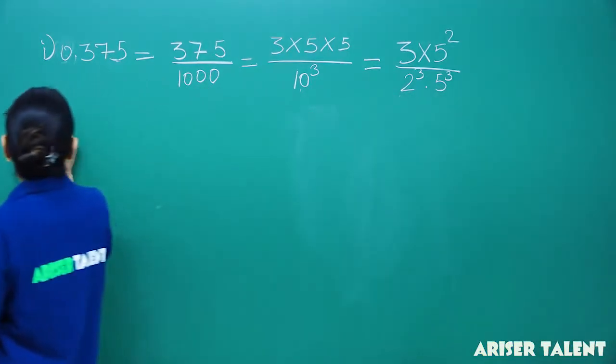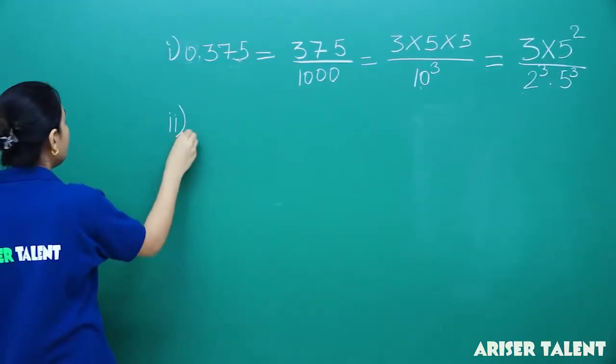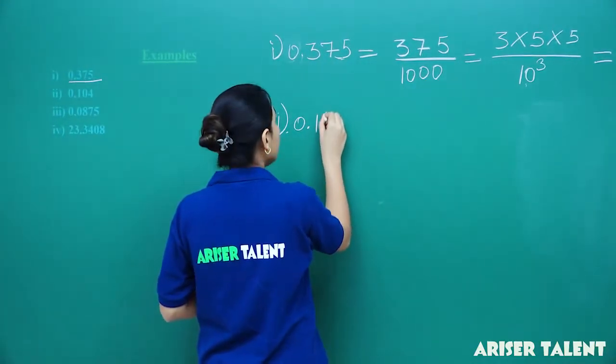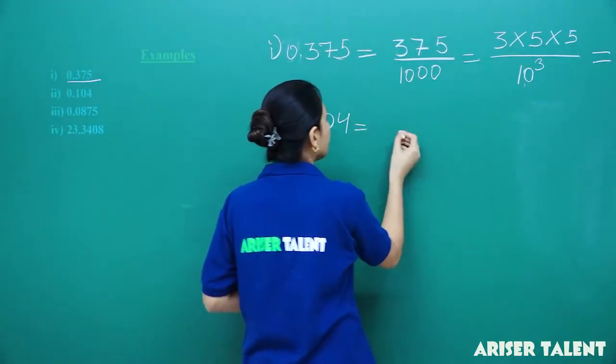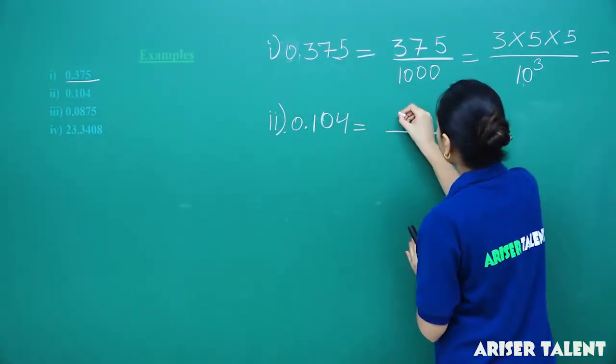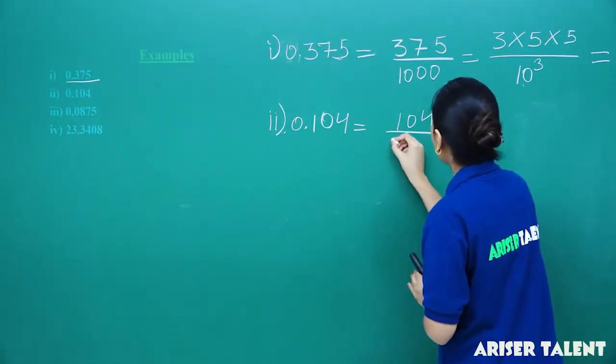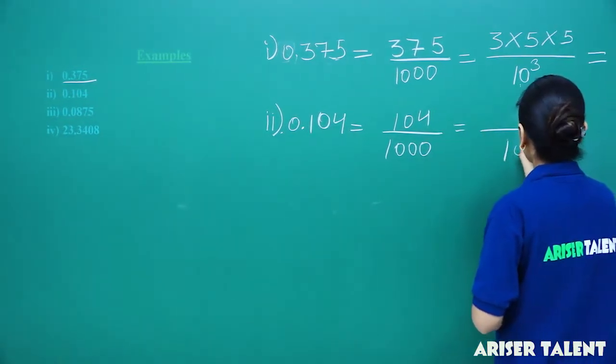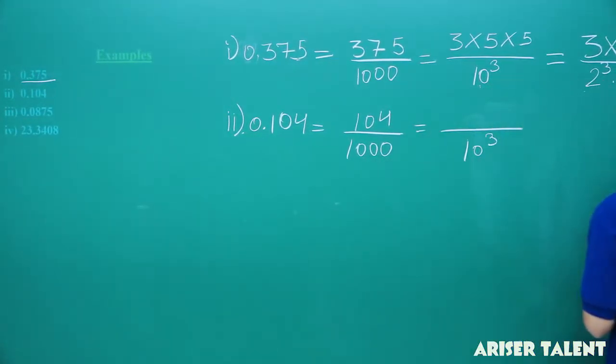Now, we have our second number, 0.104. Again we will write it in P by Q form: 104 over 10 to the power 3.